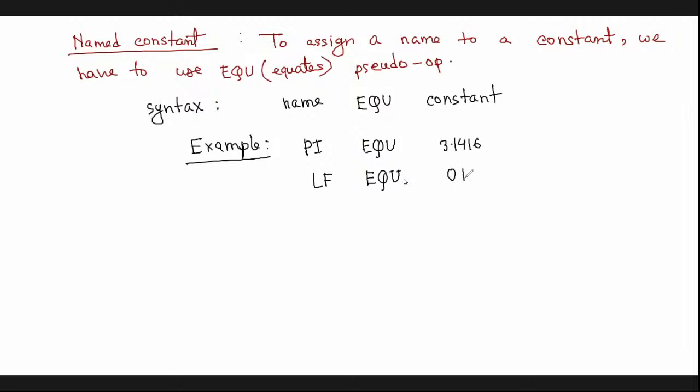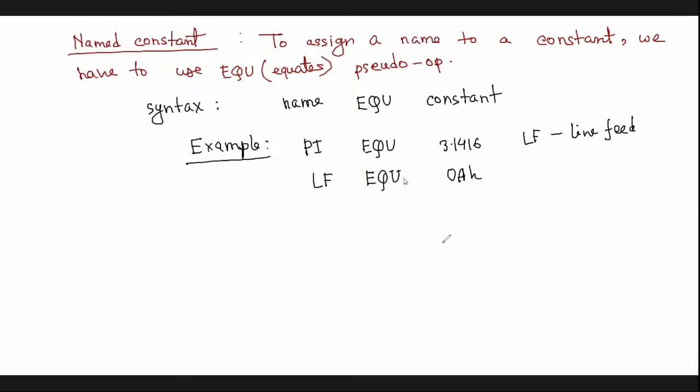You can write it in decimal as 10, or in hex as 0Ah, whatever you want. The value is nothing but 10. You have to remember that LF means line feed.